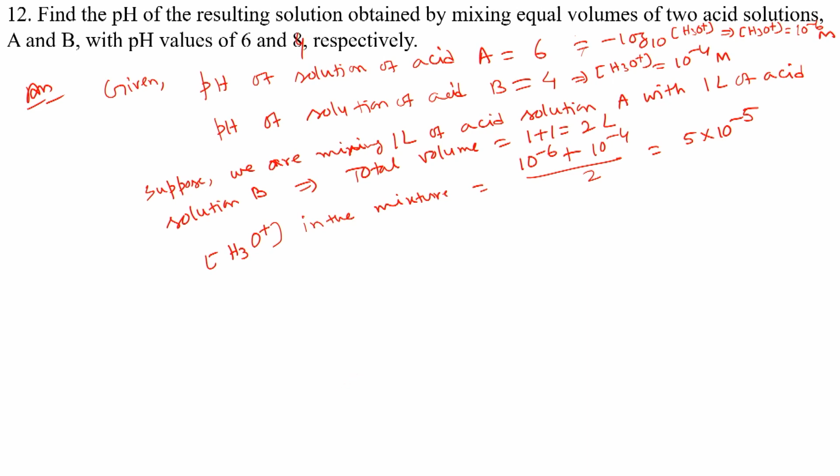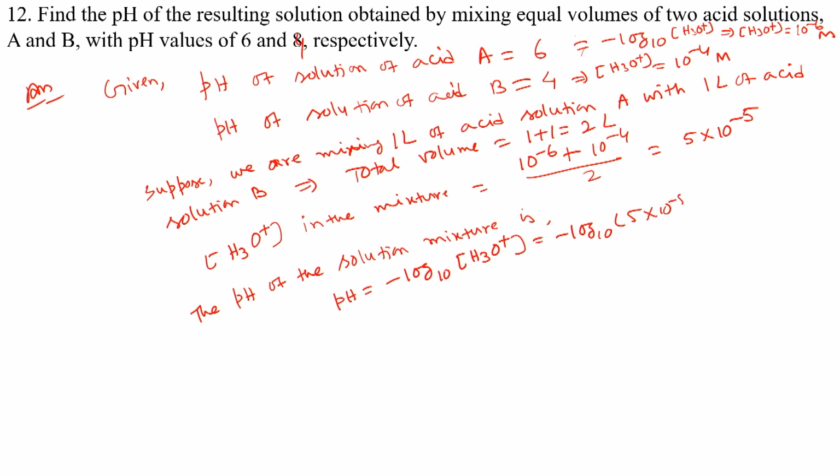Okay, so if we need to calculate the pH, the pH of the solution mixture is, so pH is minus log base 10 of the concentration of H3O plus, so minus log base 10 of 5 times 10 to the minus 5.